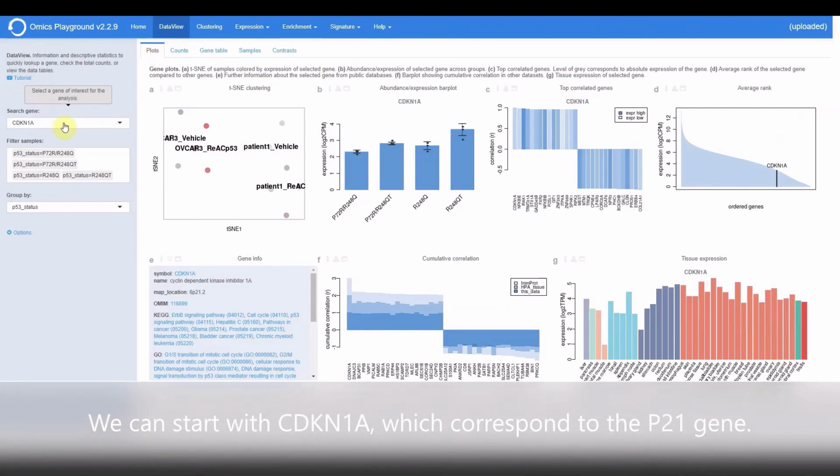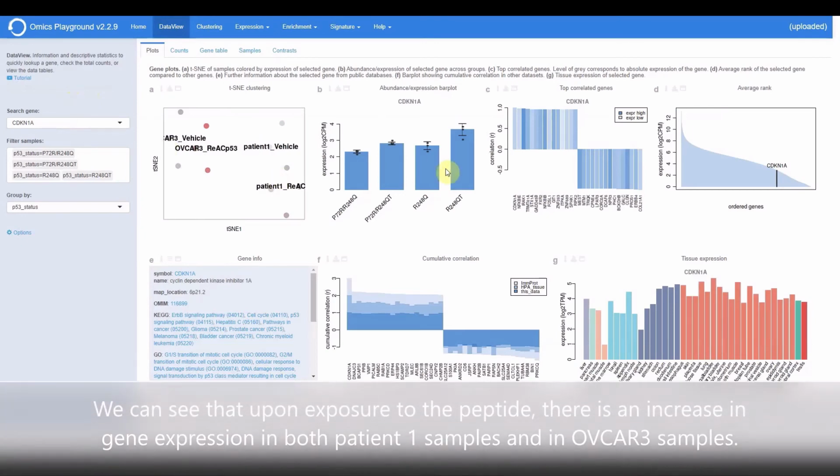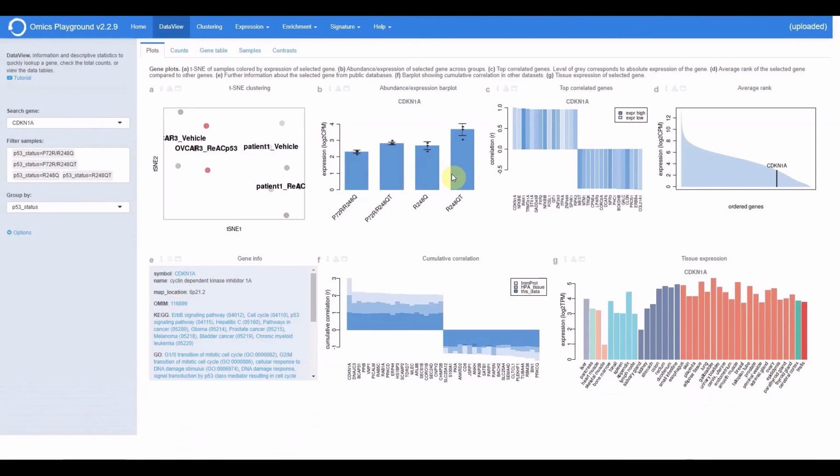So we can start with CDKN1A, which corresponds to the P21 gene, and we can see that upon exposure to the peptide, there is an increase in gene expression in both the patient 1 samples and the OVCAR3 samples.